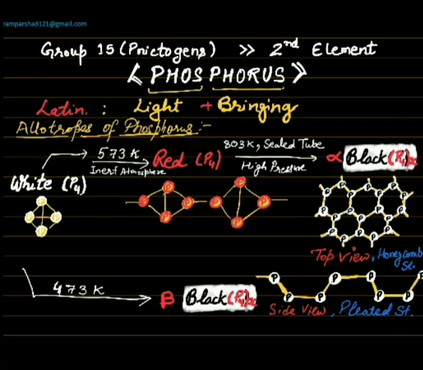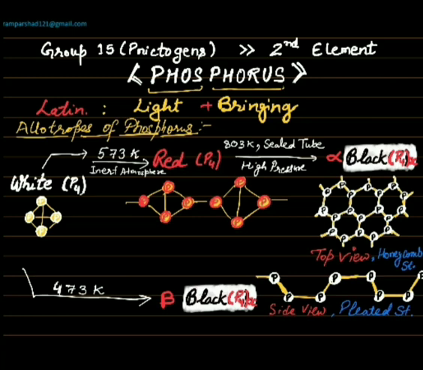After this, when the red phosphorus is heated at a temperature of 803 Kelvin in a sealed tube under high pressure, it transforms into another allotrope, that is black phosphorus. But the black phosphorus is again of two types.